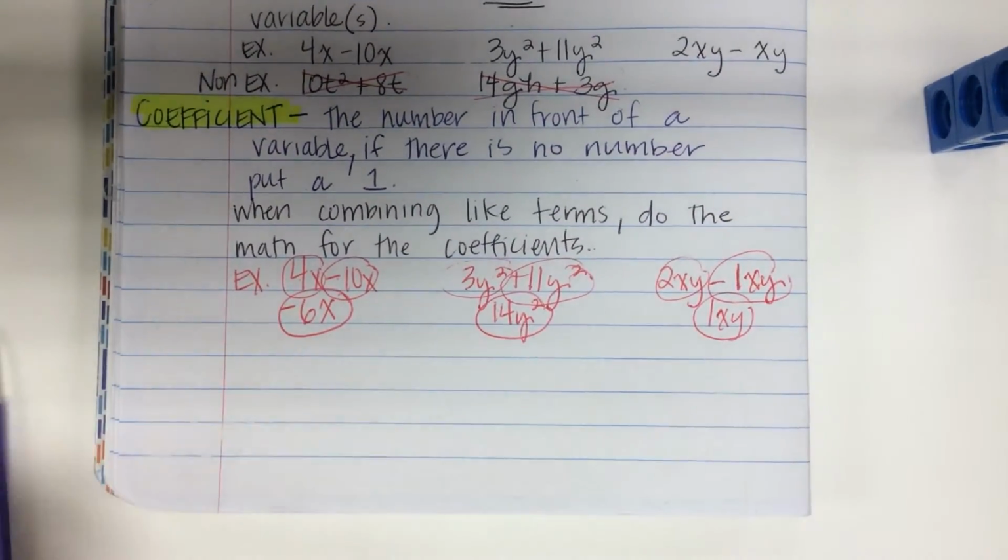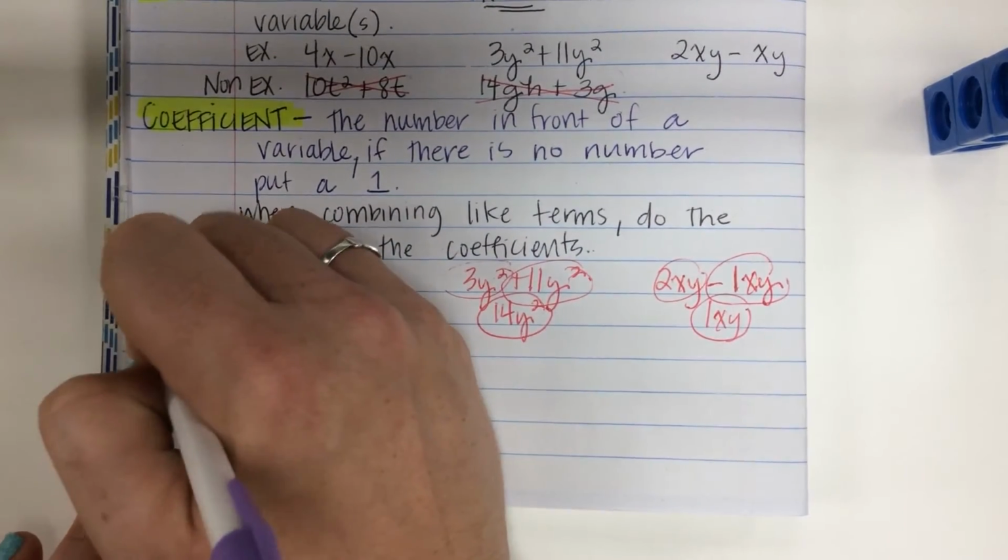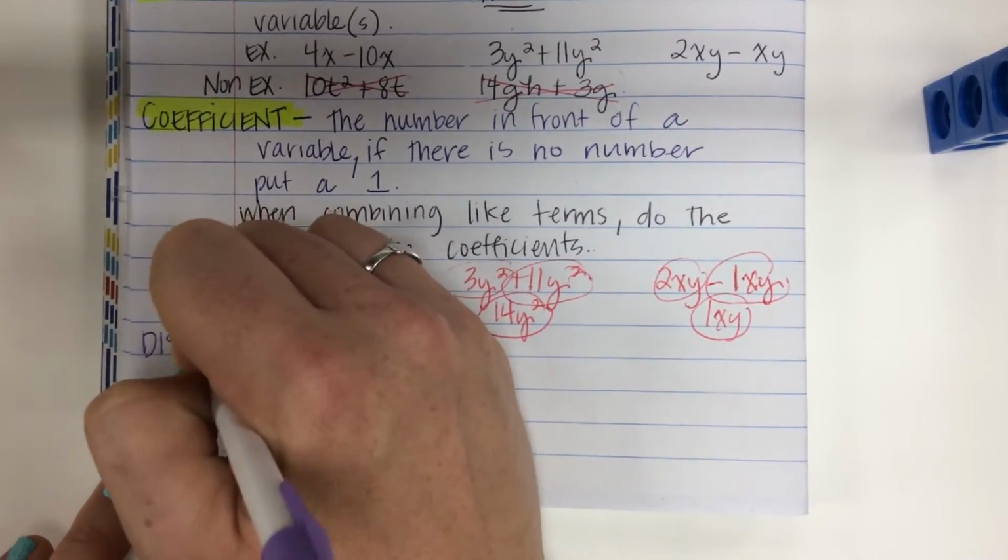Is your memory being jogged? The hardest one to remember, the most difficult, is when it involves the distributive property.